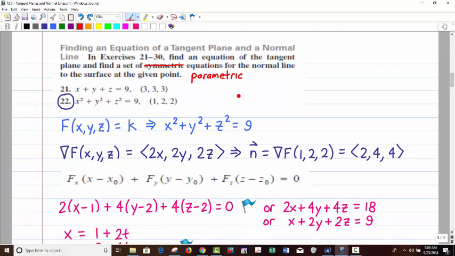Notice this example right here I took out of this textbook. I immediately got rid of the word symmetric and changed it to parametric, because that's the way I would ask it. So let's see what we have here. We have to make sure it's in implicit form. You can bring the 9 over if you want to.